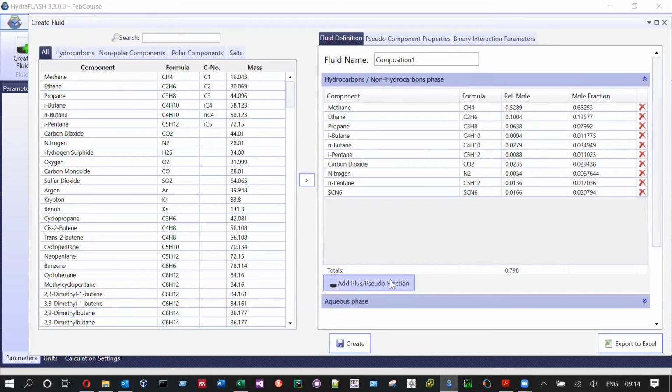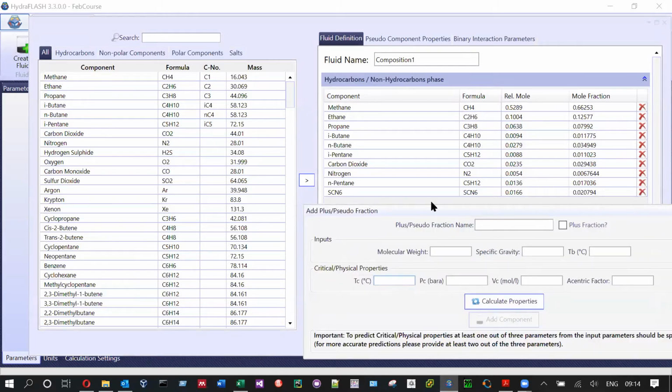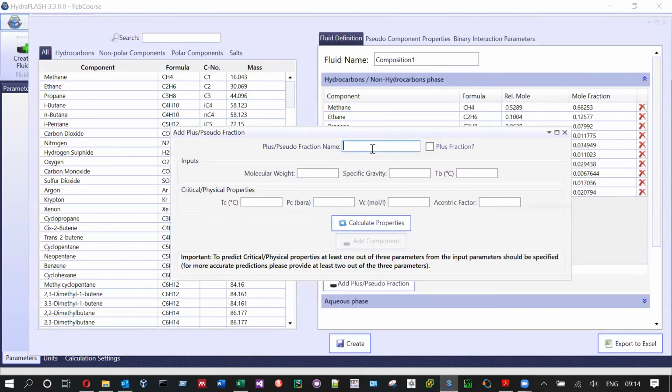Then I need to add the C7+ pseudo component. The name of the pseudo component is C7+. It's a plus fraction, and the starting number is 7. Molecular weight is 193, and specific gravity is 0.838385.